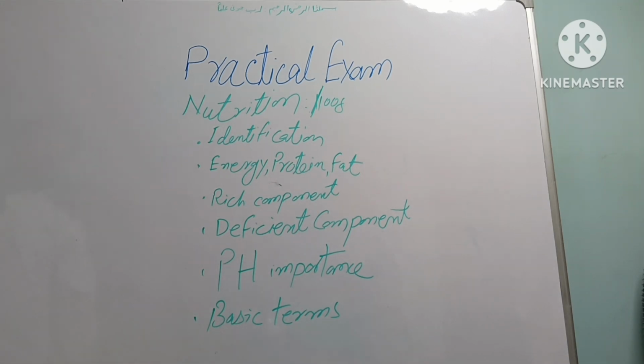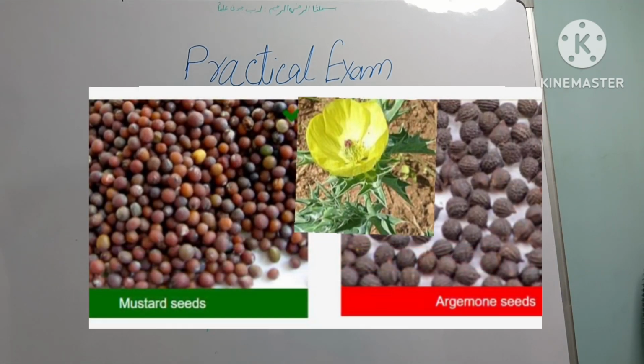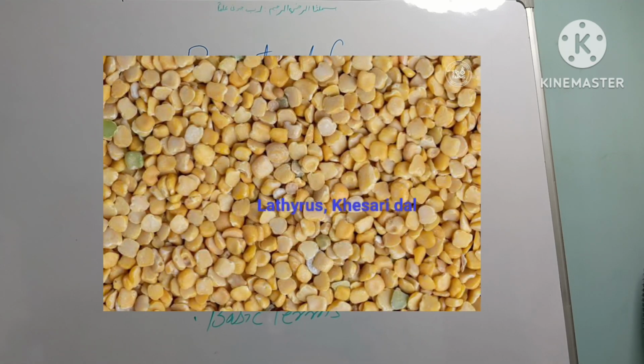Another public health importance is that the thing which is used in mass consumption may be a threat for adulteration. You have often heard, so you have also addressed it, and it may be asked about that. Just like mustard seed is adulterated with argemone seed. In a similar way, there are many pulses, just like Lathyrus sativus as an example, that is mixed with the Bengal gram.